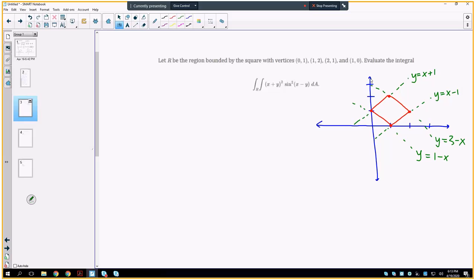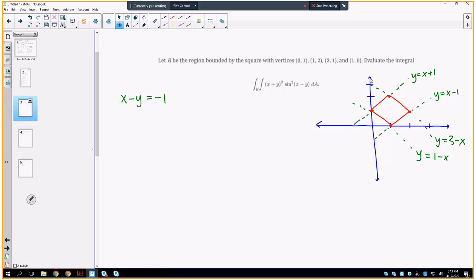So we can use these relationships to find a nice substitution. If I solve each of these, getting x and y on the same side and just the number on the other side, the relationships I find are that x minus y equals minus 1.